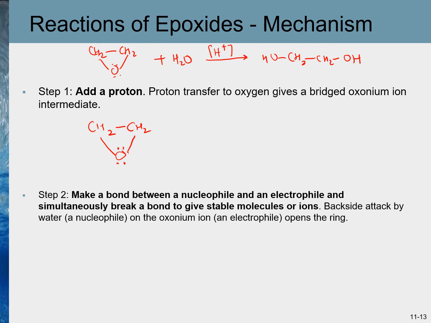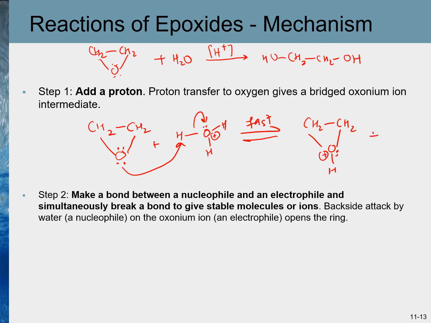So transfer of a proton from the acid will convert the ether oxygen to an oxonium ion, and we know that an oxonium ion is a much better leaving group. This step is a fast reversible step, and we obtain a positively charged oxygen species which is known as an oxonium ion.